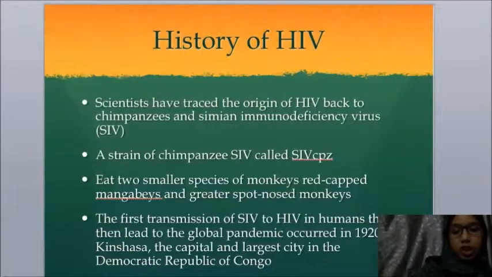The scientists found later that the chimps actually hunt and eat two smaller species of monkeys, which are red-capped mangabeys and the greater spot-nosed monkeys. So these chimps carry two strains of SIV, which likely combine to form SIV-CPZ, the strain of chimpanzee SIV which the researchers have found.